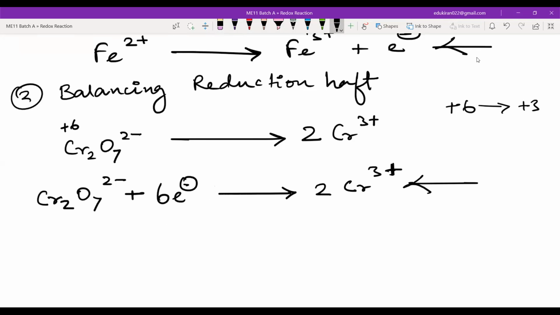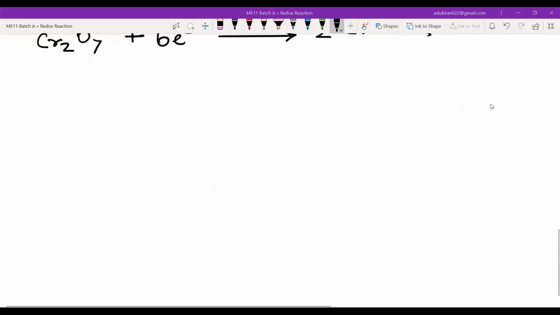Now each chromium atom is going from plus 6 to plus 3. So you will have to eat up electrons. How many electrons will you eat? 3. So each chromium atom is eating 3 electrons. Now in total, it will be eating how many electrons? This molecule here will be eating 6 electrons because it has 2 chromium atoms inside it. Got it? Yes. Okay. Fine. Thank you, sir.